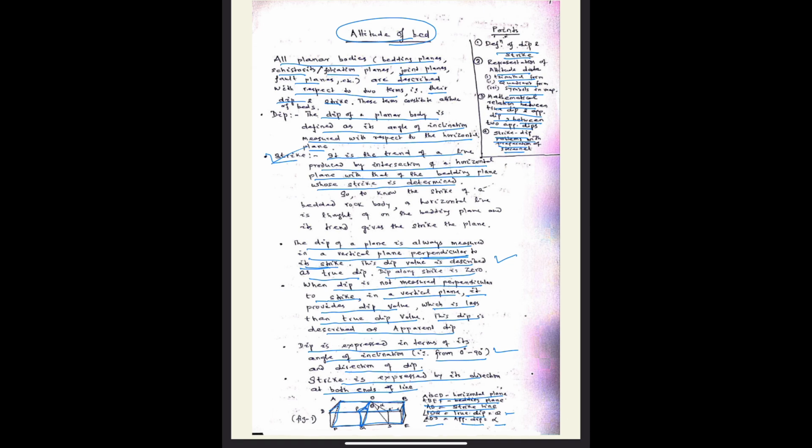So we can consider that when dip is measured in a direction perpendicular to strike, this is true dip. And when this is measured not in a perpendicular direction but in a vertical plane, this is apparent dip. And this apparent dip value will always be less than that of the true dip.